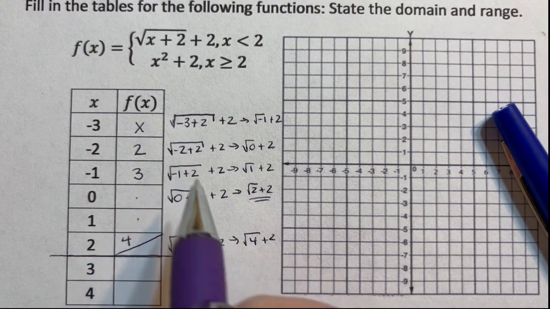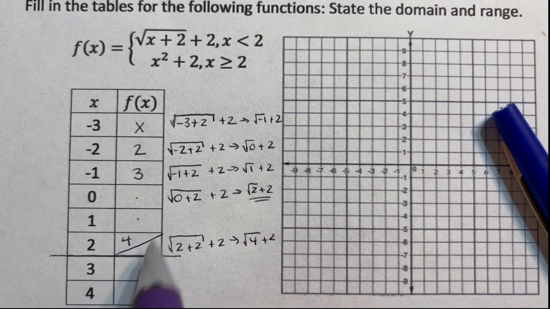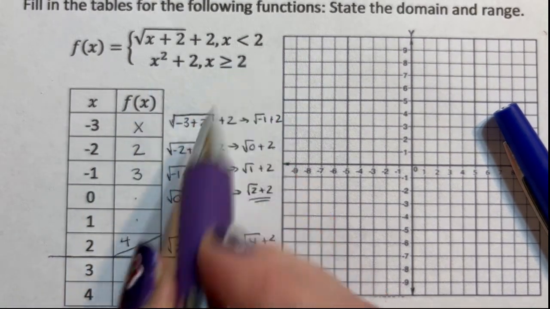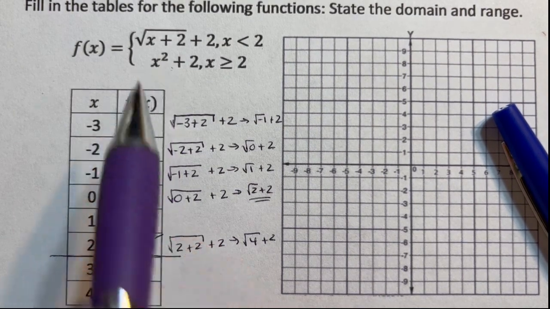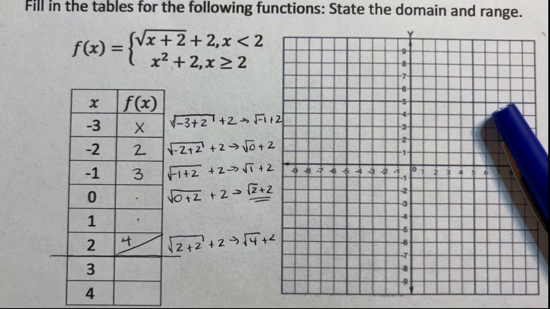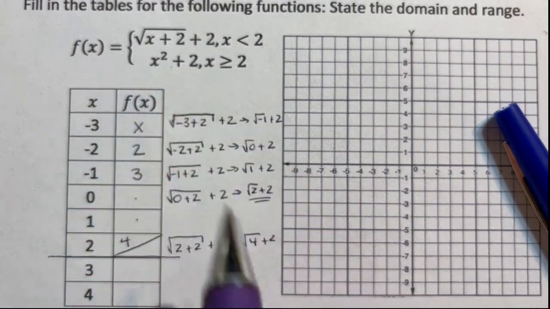because I need to do this value for both equations. We don't equal this one, so we're going to have to put a circle here. It doesn't equal, but it will equal for the second one. Okay, so for the second one we have x squared plus 2.